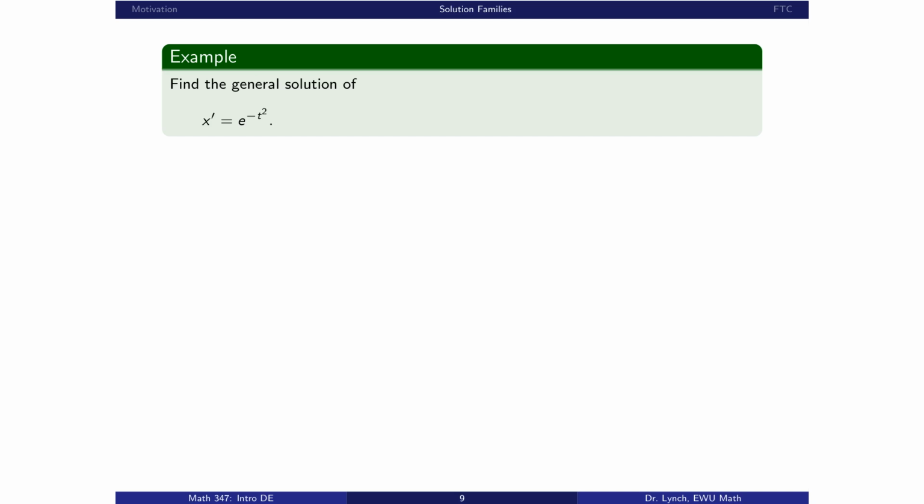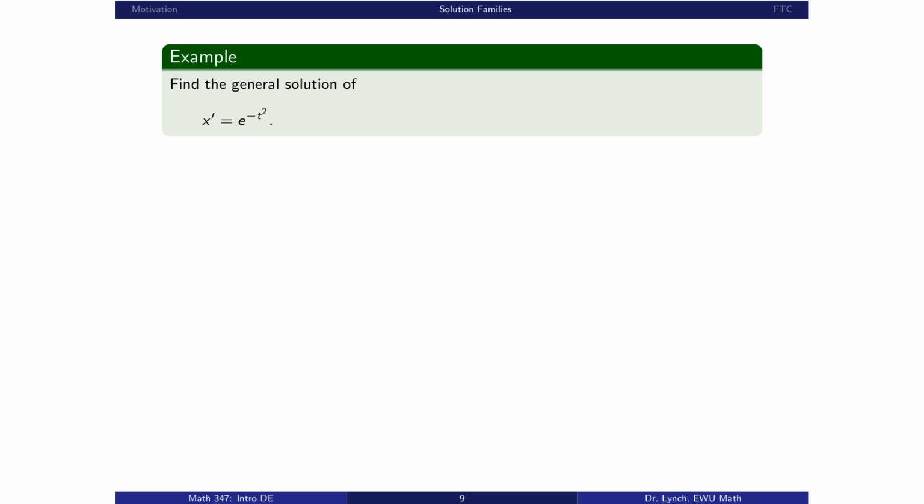So just as a review, a function which has no elementary antiderivative is a function for which no other function can be written in terms of our normal functions, in terms of sines and cosines, powers of t, exponentials, logarithms, so on and so forth, such that the derivative of that function gives us back the function in question.